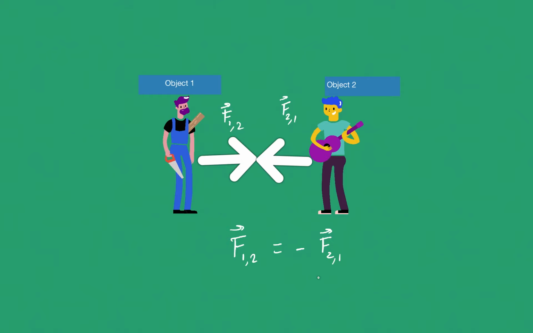So the equation of the third law of Newton says that the force acting on object 1 due to 2 is equal to the same force acting on 2 due to 1 with the minus sign, meaning that it is in the opposite direction.